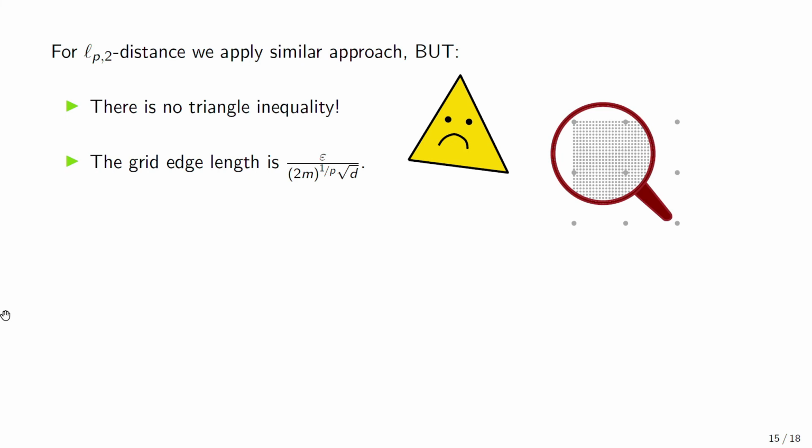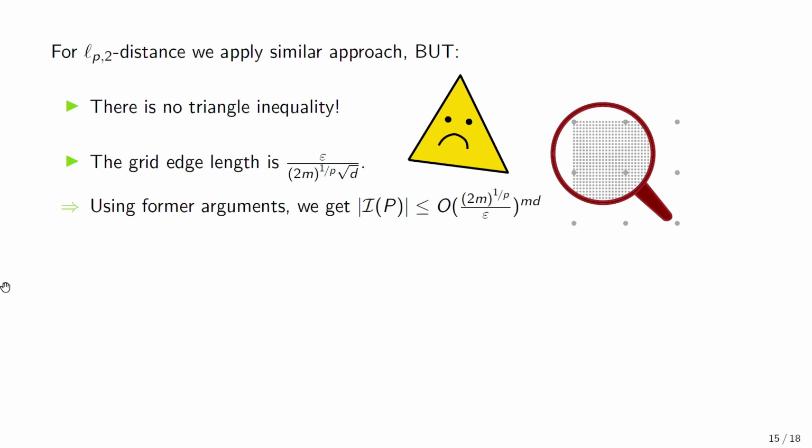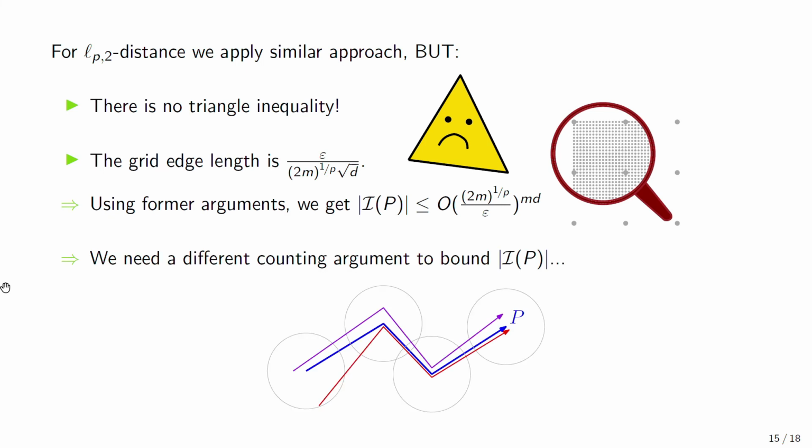The edge length now depends on m to the power of 1 over p. If we use our previous arguments, we get a larger bound. So we have to use a different counting argument that takes into account the sum of distances and not their maximum. For example, if the distance between the first 2 points is already large, then the rest of the points are chosen from much smaller balls.